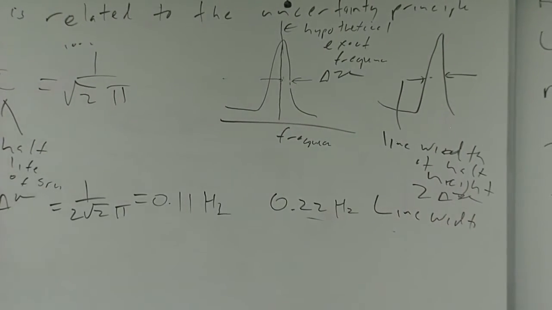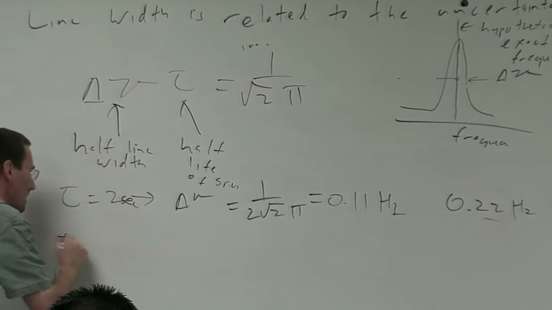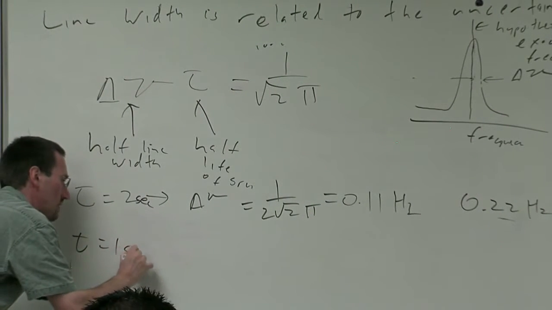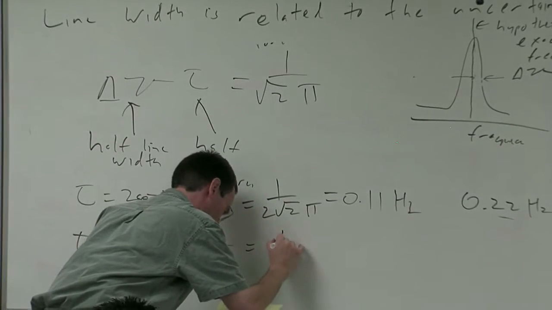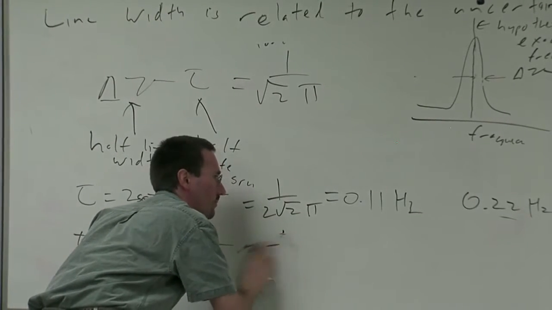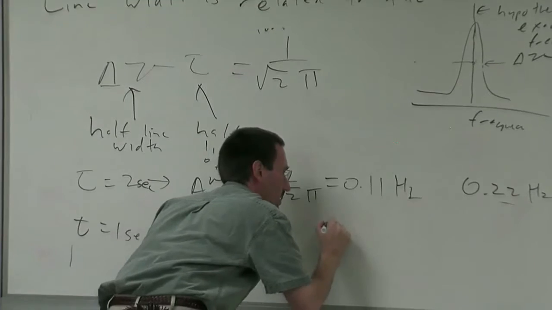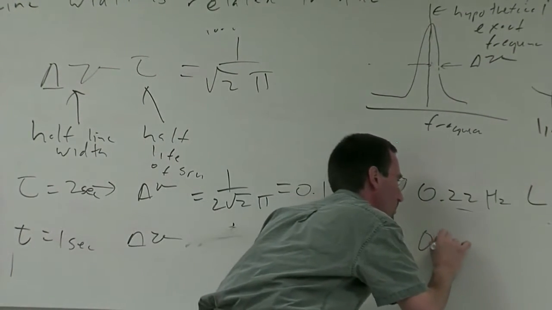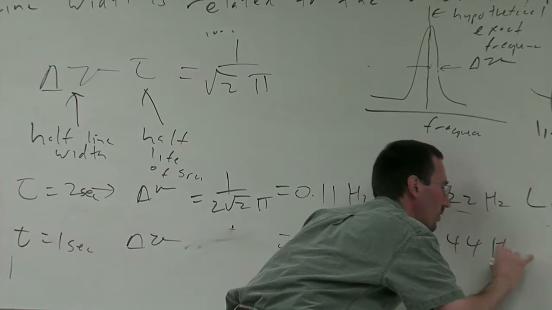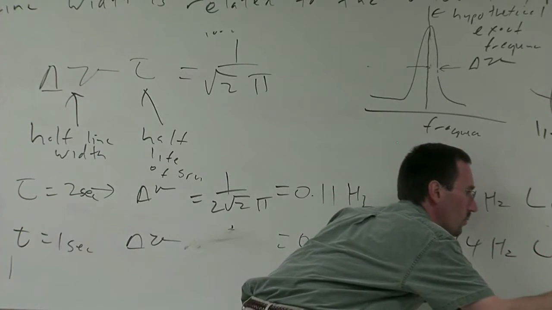If I have tau, and this is of course seconds, if I have tau equals 1 sec, then delta nu is equal to 1 over, well, I'll just skip the equation here. It's equal to 0.22 hertz, and that's 0.44 hertz line width.